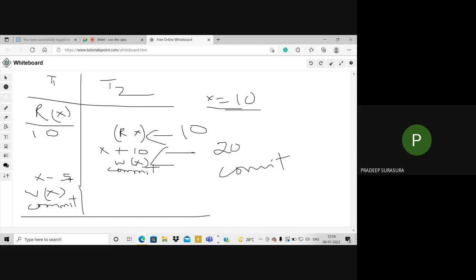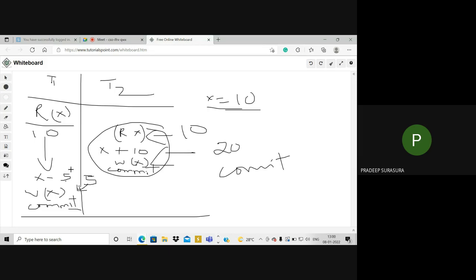Now what's happening here? X was 10 when read here. Now X turns 5, so X is equal to X minus 5. From 10 I subtract to 5, I write that 5 and I say commit. Now what happens to this?